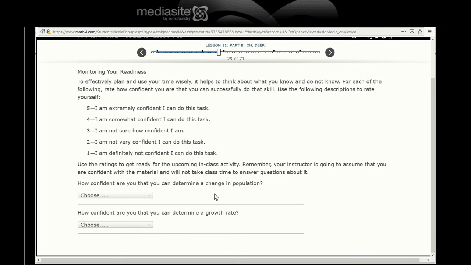Okay. Determine a change in population. That's just delta P over P, and really it's the population of year 2000 minus the population of 1999, for example. And determine a growth rate.